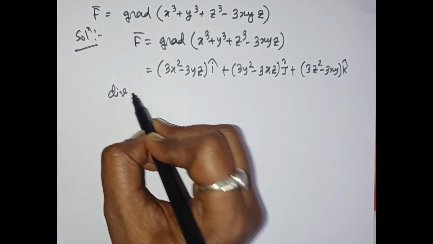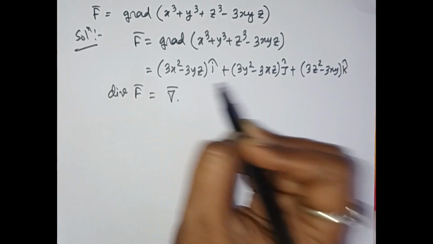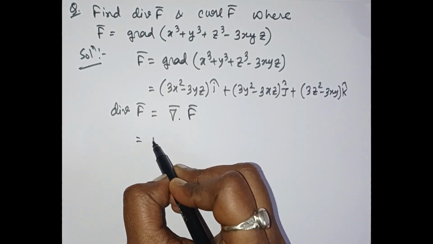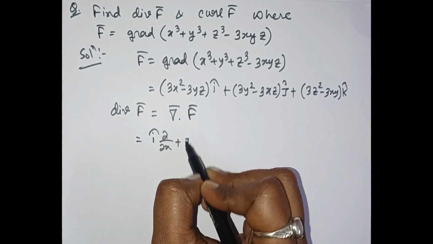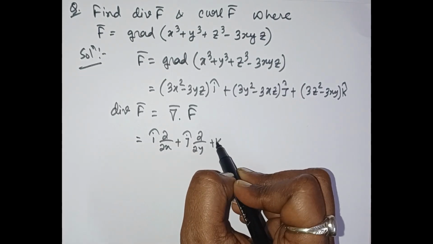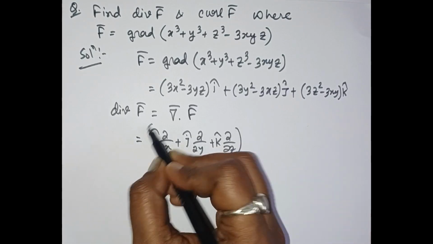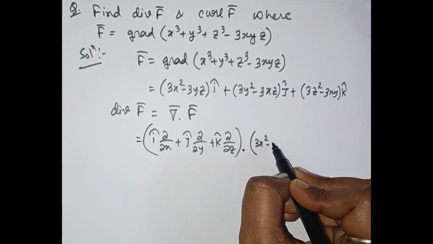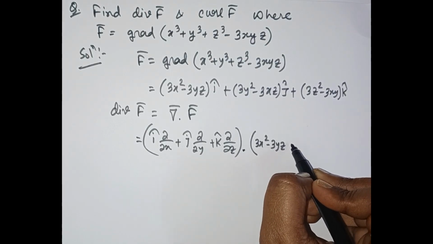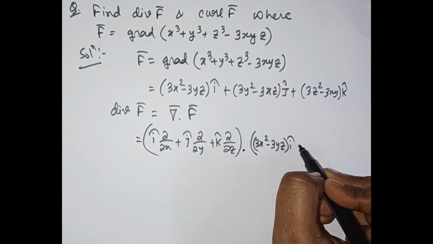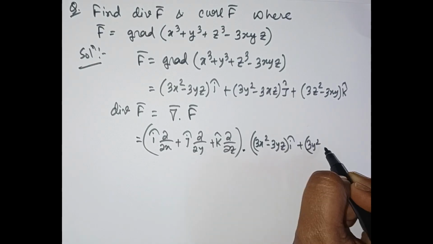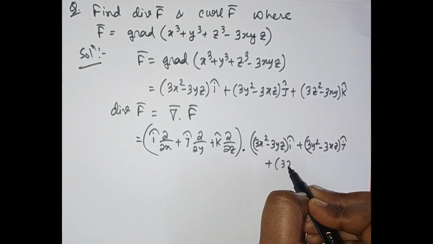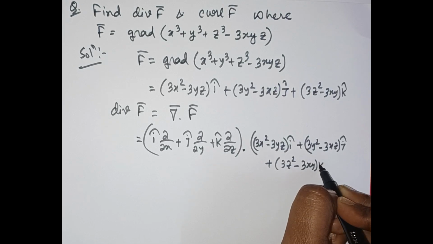So divergence of f is i del/del x plus j del/del y plus k del/del z, dot product with this f, that is 3x square minus 3yz i plus 3y square minus 3xz j plus 3z square minus 3xy k.